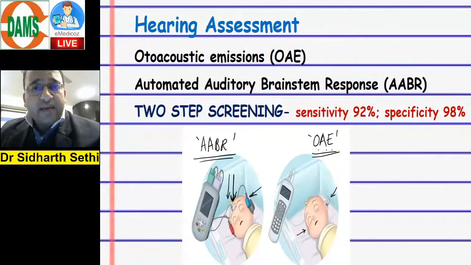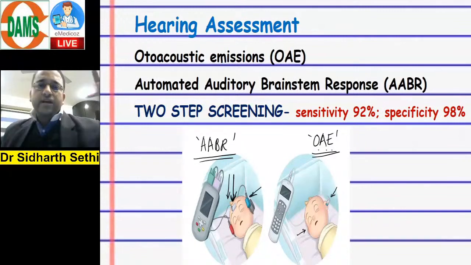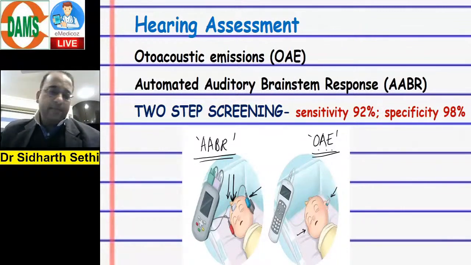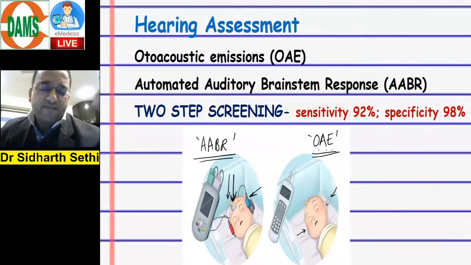You do OAE or AABR. If any of them is abnormal, suppose a baby fails OAE, then you do the other test. It has been seen that if you do both of these tests, they have excellent sensitivity and specificity to diagnose deafness in children.